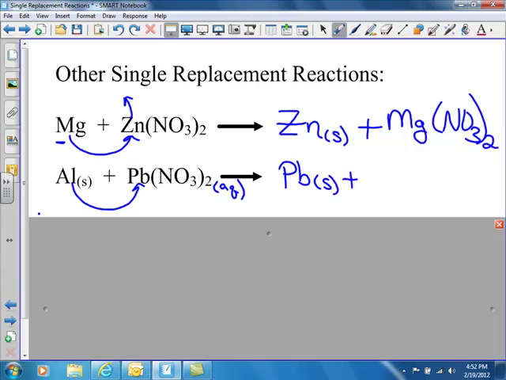Then the aluminum is going to combine with this nitrate, but you need to remember that aluminum forms a +3 charge, and nitrate's a -1 charge. So this is going to be Al(NO3)3, and this is aqueous. That is actually left dissolved in the solution.